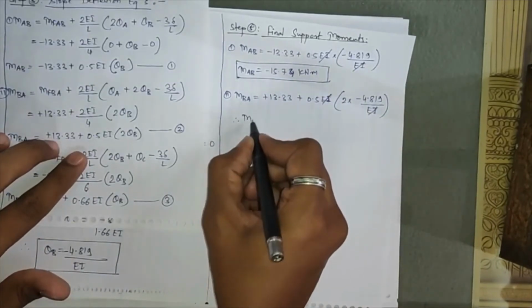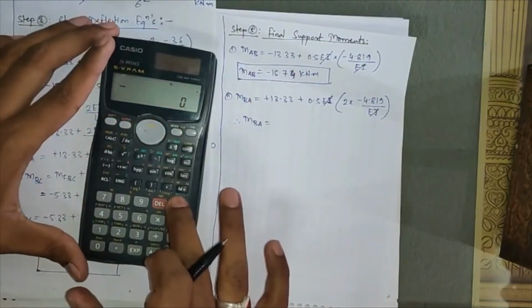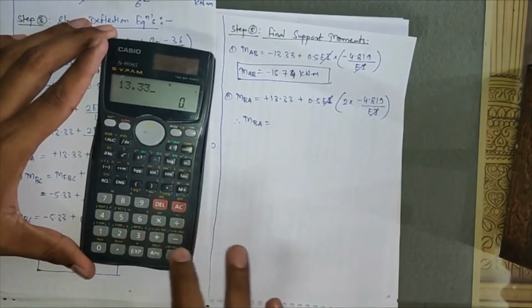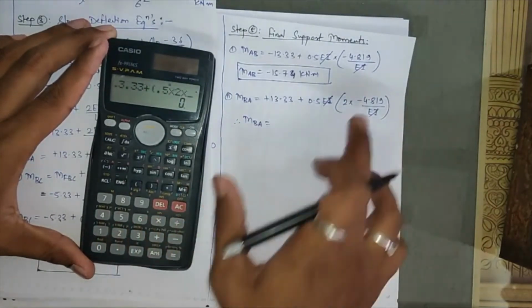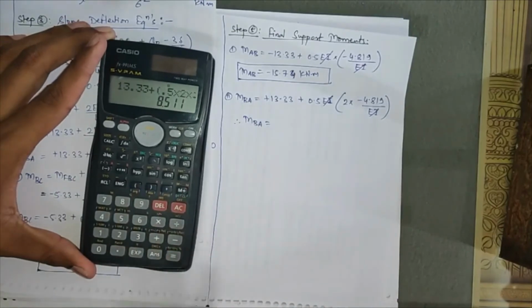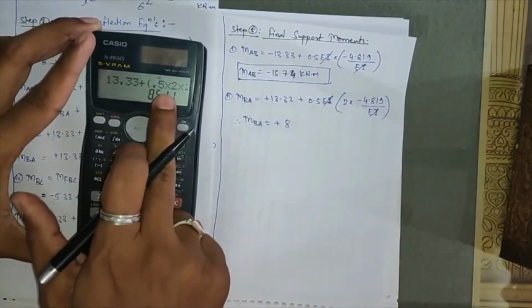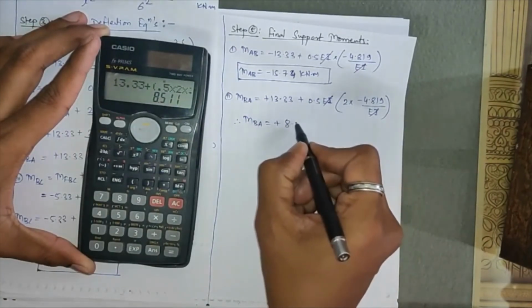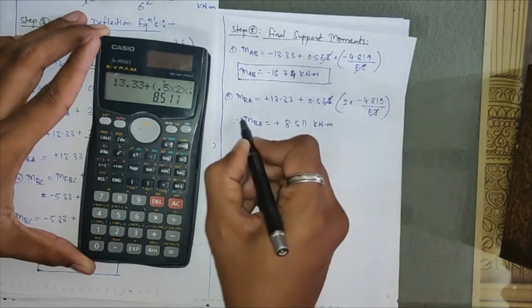I'll get directly the value of MBA, which is 13.33 plus 0.5 into 2 into minus 4.819. This is coming positive, so I'm writing plus 8.511 kilonewton meter.